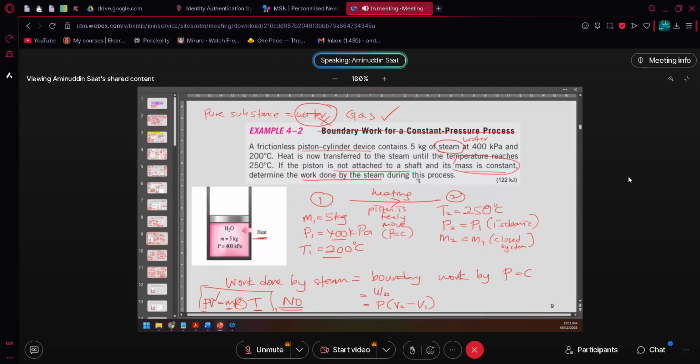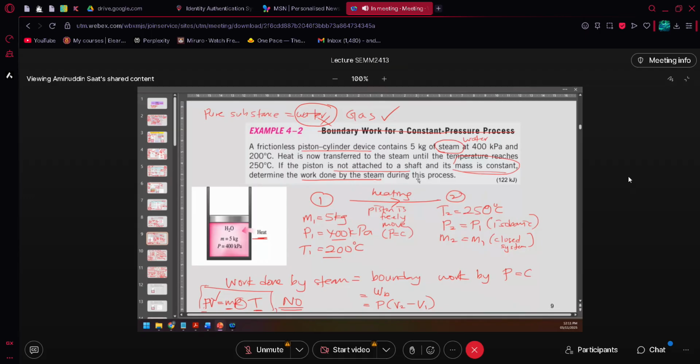So how to calculate the movement of the piston due to the boundary work is using this equation PdV, or for the constant pressure, P multiplied by change in the volume.